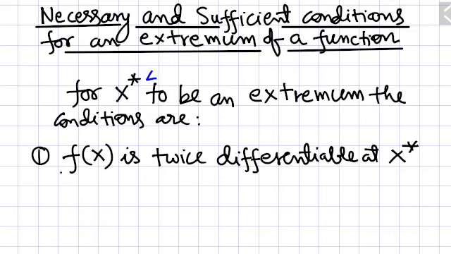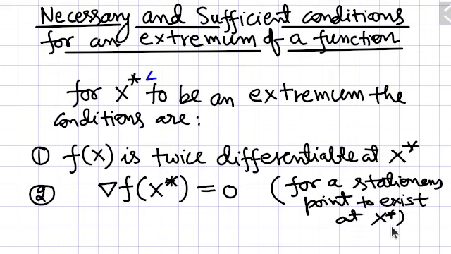The second condition: you are interested in this x asterisk point, and if you differentiate the function at this point, then it must be equal to 0. All the slopes must be 0, as I told you already.